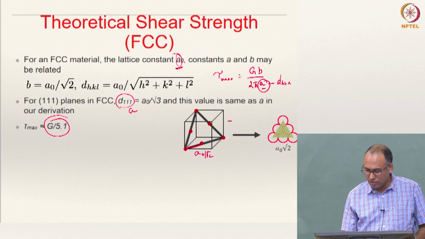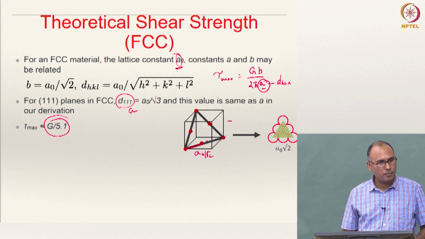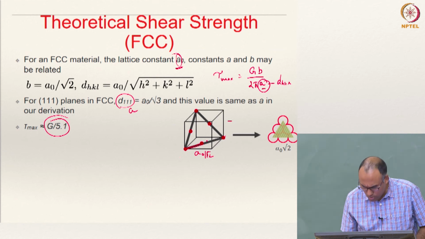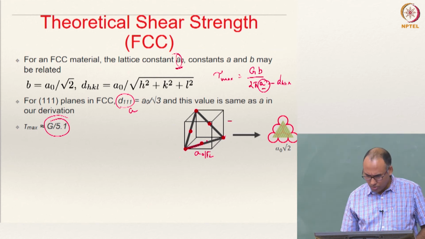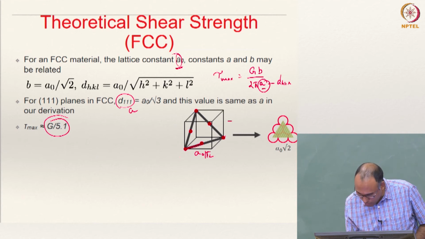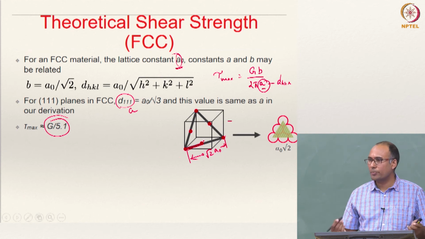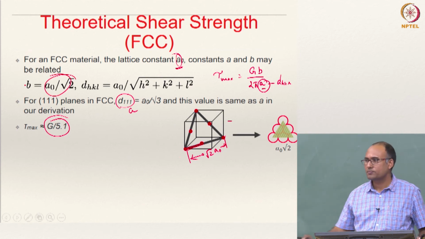This is your a0 by root 2, and this is a0. So this will be a0 by root 2 by 2. No? Sorry, this is b, and this is root 2 a0, sorry. I am sorry. And then this distance will be root 2 a0 by 2, that is why it is a0 by 2. Okay.